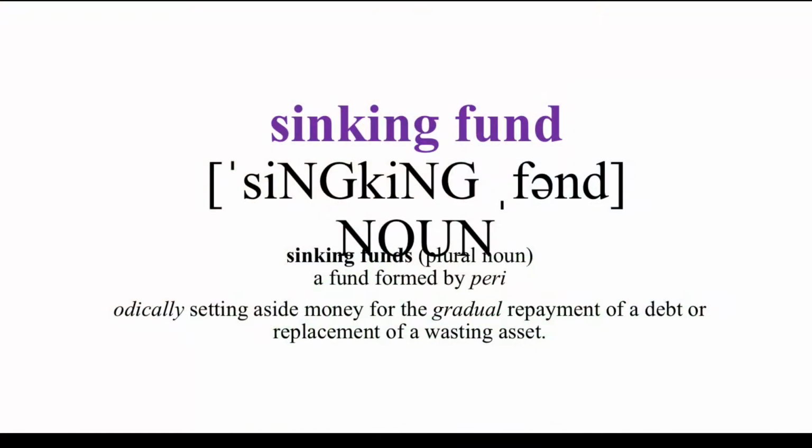A sinking fund, according to the definition in the dictionary, is a fund formed by periodically setting aside money for the gradual repayment of a debt or replacement of a wasting asset. So what is that?